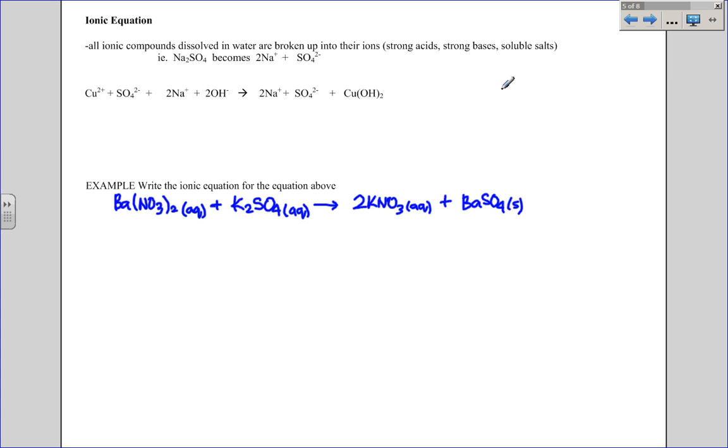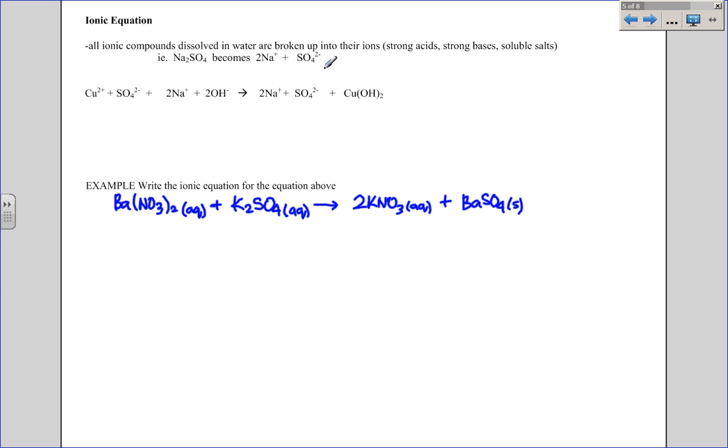So when we look at something like sodium sulfate, which is aqueous or soluble in water, what's actually in the solution are sodium ions and sulfate ions. And when this particular substance breaks up into its ions, it's going to produce 2 sodium ions and 1 sulfate ion. So if you were to zoom in and look at a solution of sodium sulfate, you wouldn't see sodium sulfate particles, you would see sodium ions and sulfate ions.